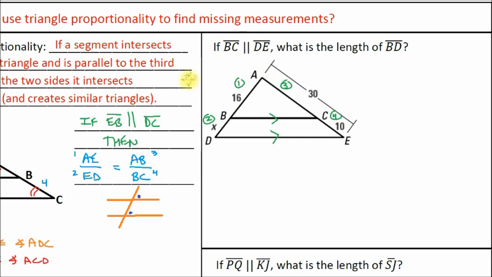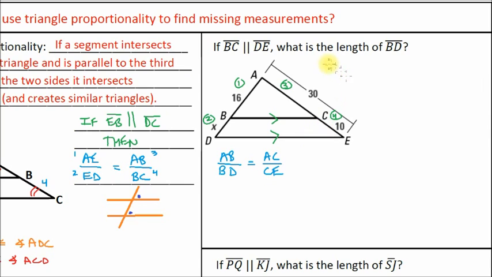So we're going to go ahead and write our proportionality statement based on what we know about triangle proportionality. We know that segment AB, there's the first one, and then our ratio is going to have this next segment, the smaller segment, that's BD, and that's going to be equal to, here's our third segment, AC, and that's going to be over top of our fourth segment, CE.